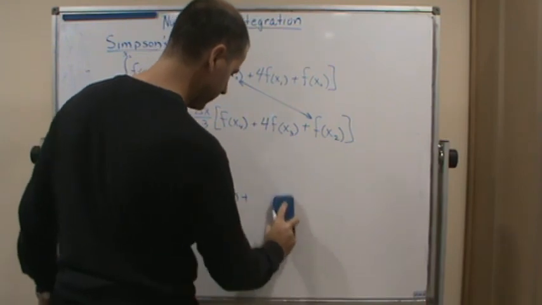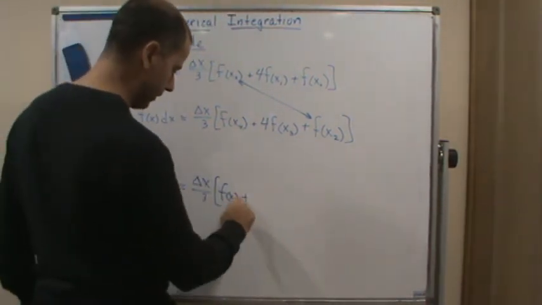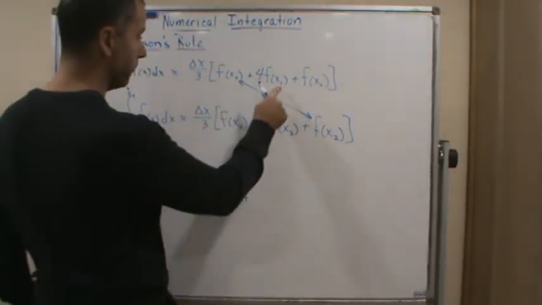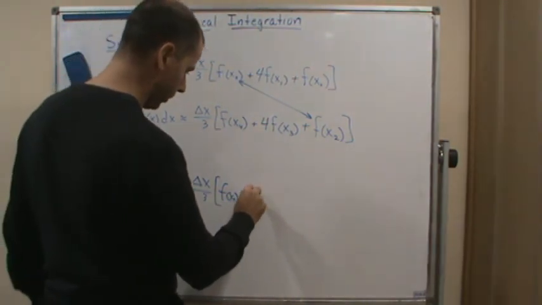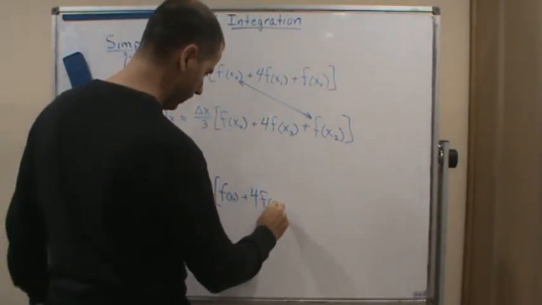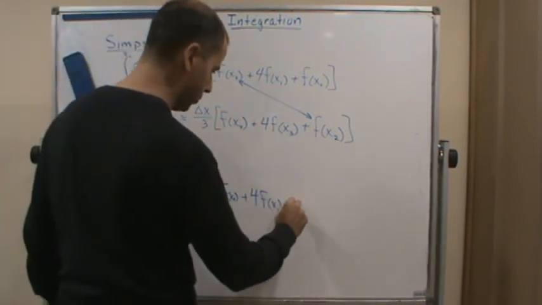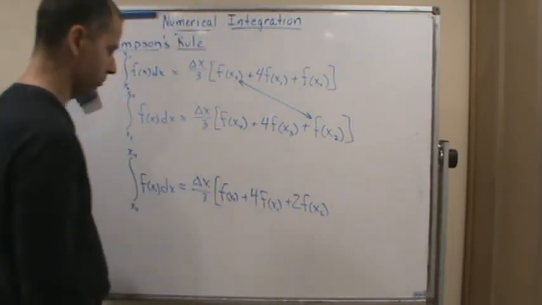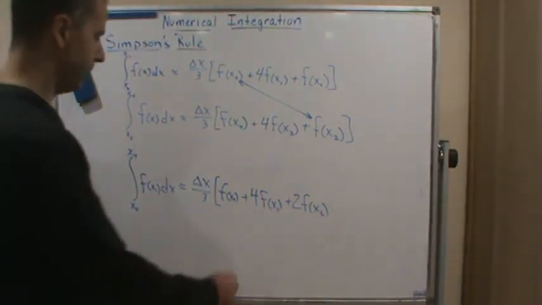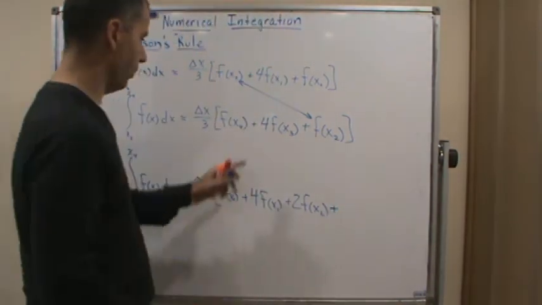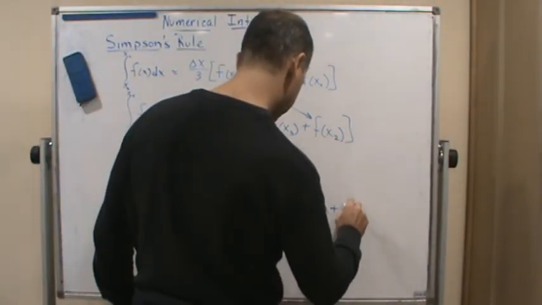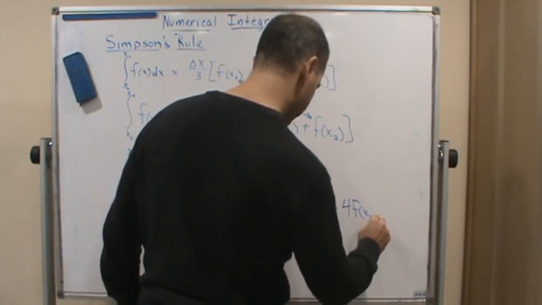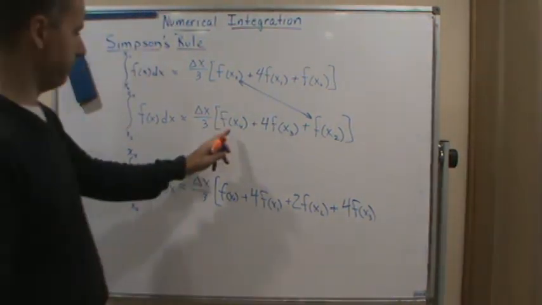The next one after 0 is f of x sub 1, which is 4, right? There's 4 of those, so we get 4. And then after that, we get 2 f of x sub 2's. And then the f of x sub 3's, there's 4 of those. And then the final one, x sub 4, there's only 1.